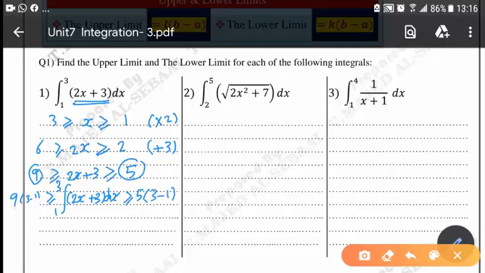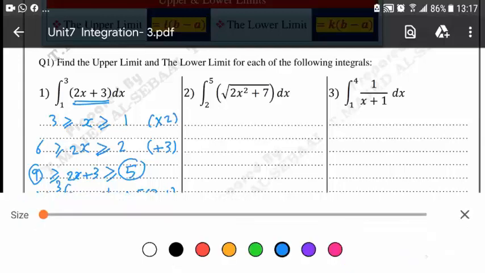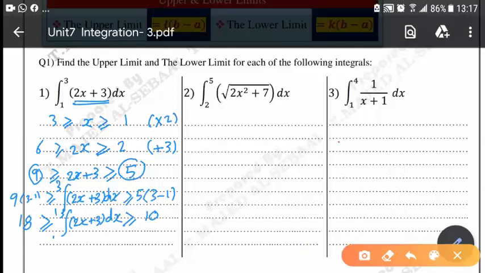Okay, 9 multiplied by 2 is 18, and the integration from 1 to 3 of 2x plus 3 dx is bigger than or equal 5 multiplied by 2, which is 10. So as you can see from here, this is the upper limit.